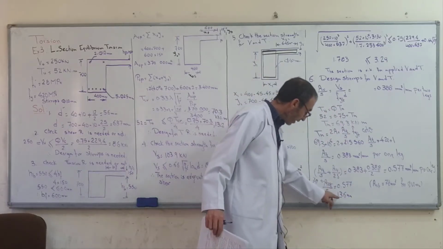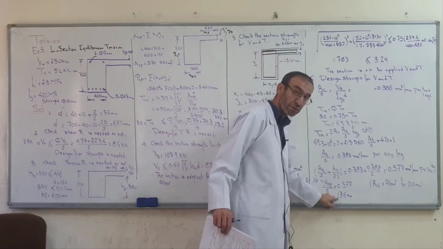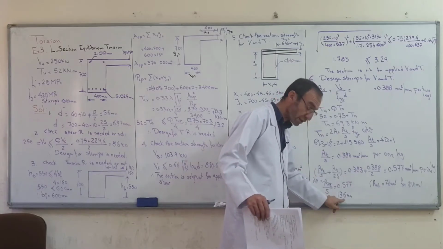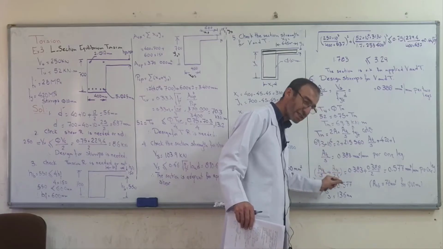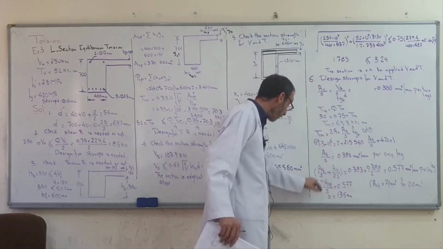If we take the effect of the slab into consideration, the spacing due to the applied shear and torque is equal to 136. In example number 1 we got a little bit of difference between the results due to the effect of the slab.